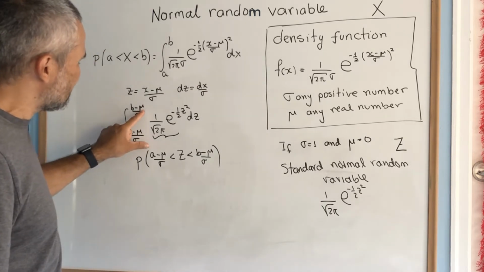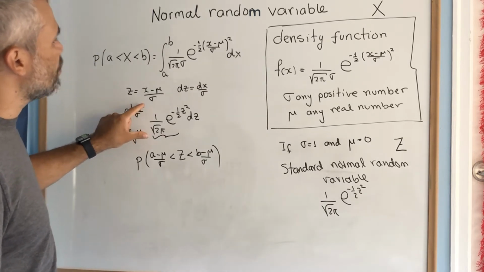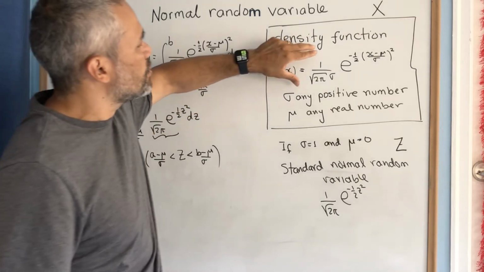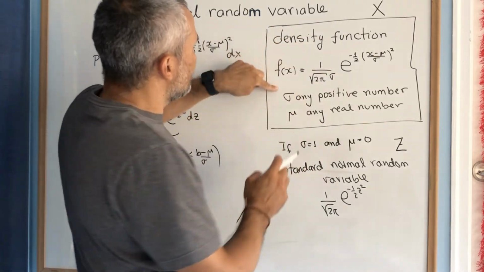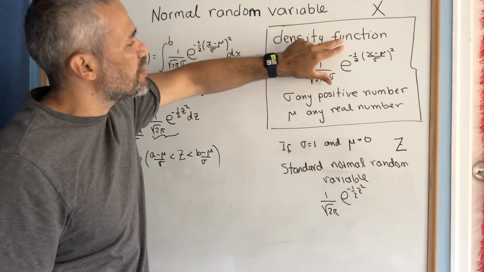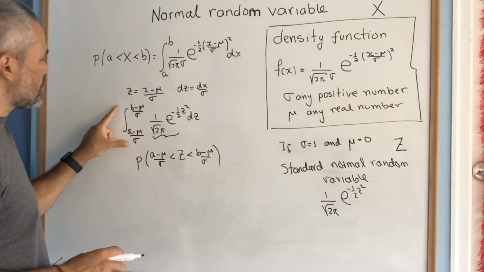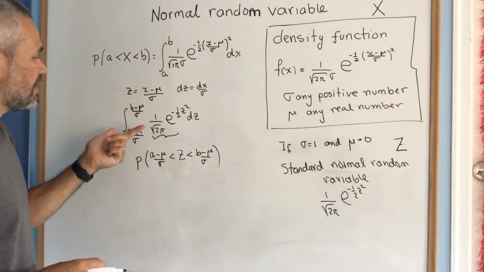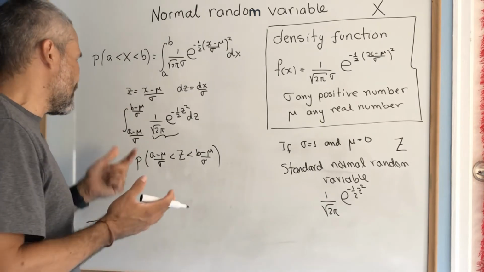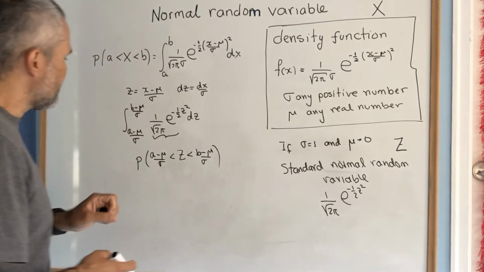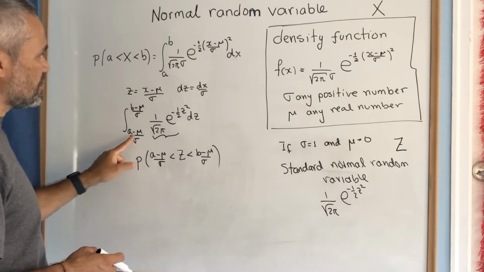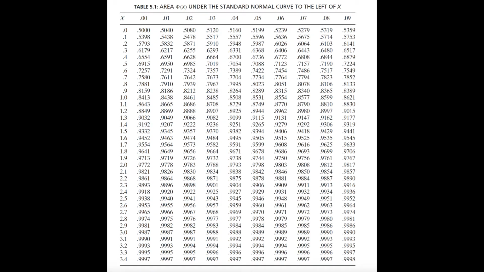Something that is interesting is that even though we were able to compute that the integral from negative infinity to infinity of this function is equal to 1, computing this integral explicitly is, we can say, impossible. And then we have to rely on some table. This is the table that will help us compute the probability of normal random variables.